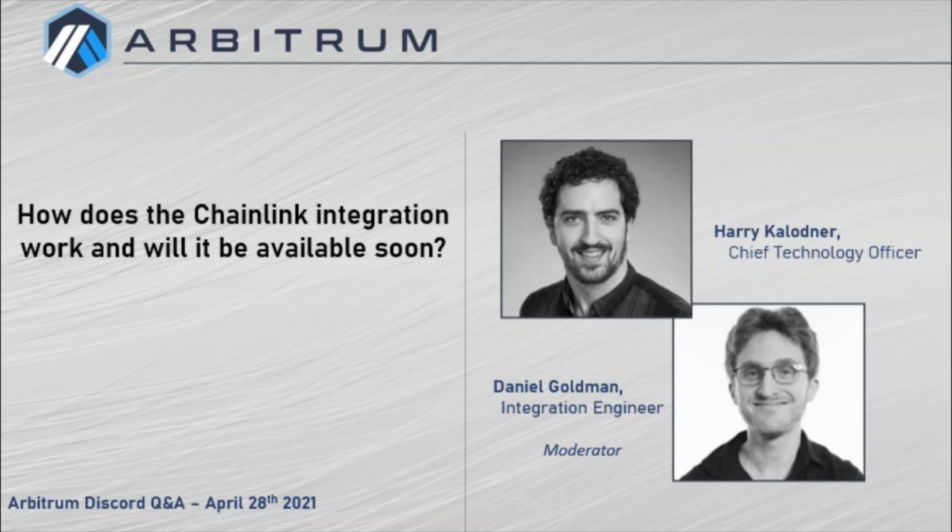One of the big design constraints of optimistic rollups is that Ethereum to Arbitrum communication is very fast, but Arbitrum to Ethereum communication has to wait for the optimistic rollup dispute period to elapse before it can go through. In practice, that means for a low-level transaction to go from the Arbitrum chain to the Ethereum chain, it takes a week. But there are a lot of cool ways to mitigate this.